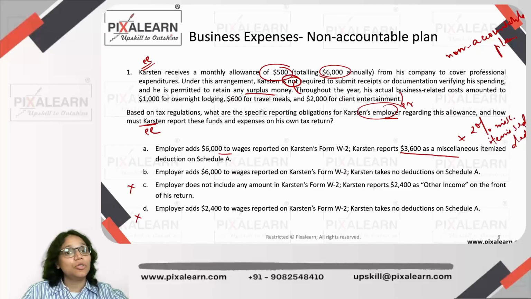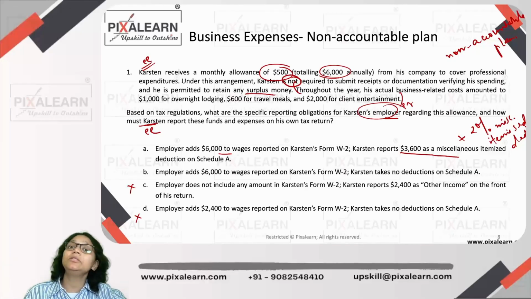Now, this was scrapped until last year. They kept saying that we're going to scrap it from 2018 to 25. But this year they've made it a very clear declaration that this was scrapped forever. So any question which refers to the 2% miscellaneous itemized deduction threshold, please remember that's a wrong answer choice.